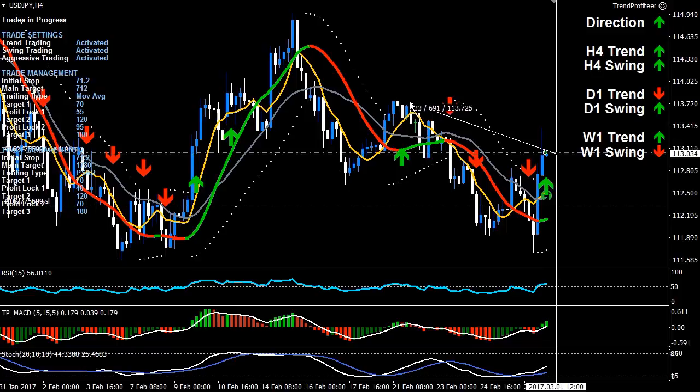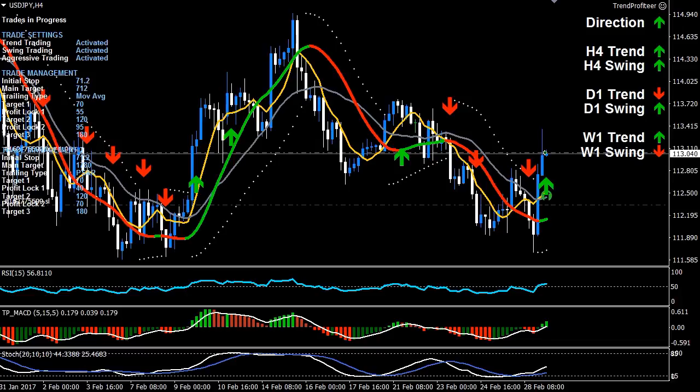So 70 pips right there is when my first target is hit and my first profit locking will occur. 120 pips just around here, and then of course 180 pips just prior to that ultimate high on this time frame. So that is where I'm going to trigger my profit locking, and on the third target my trailing, using in this case the moving average on the first position and parabolic SAR on the second position.